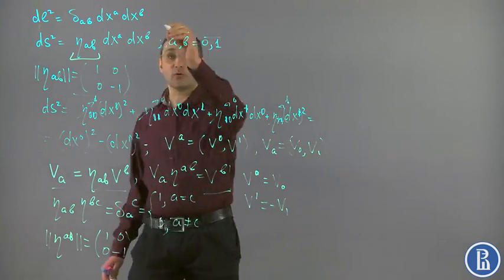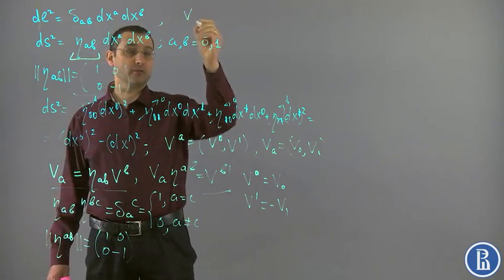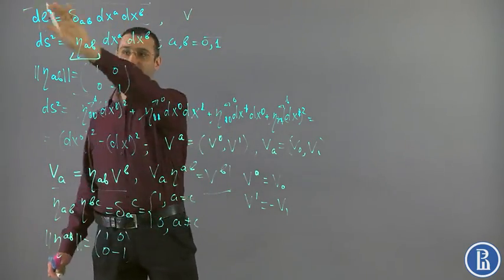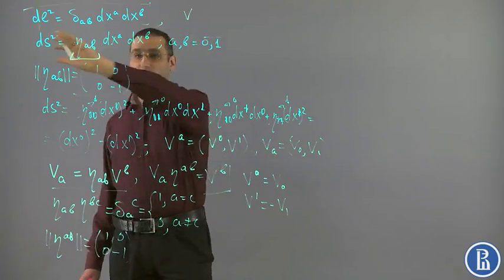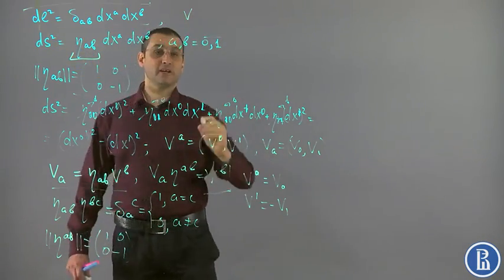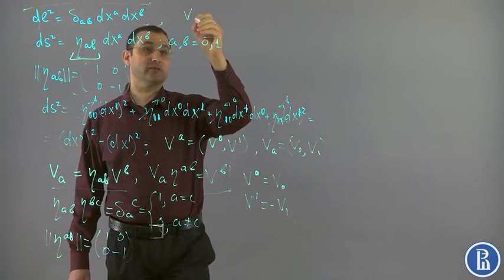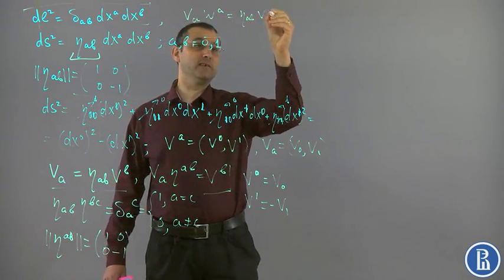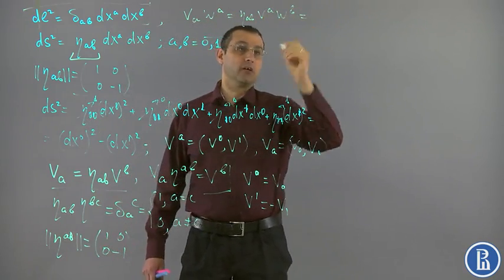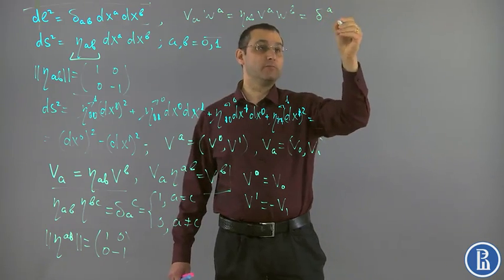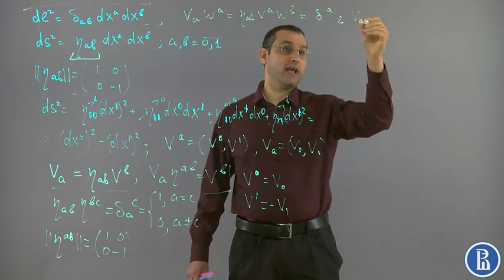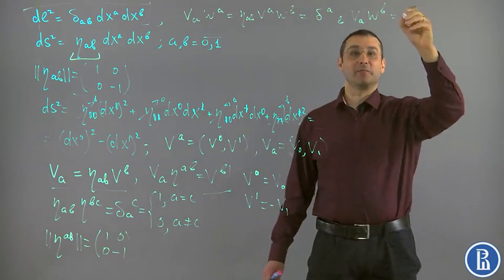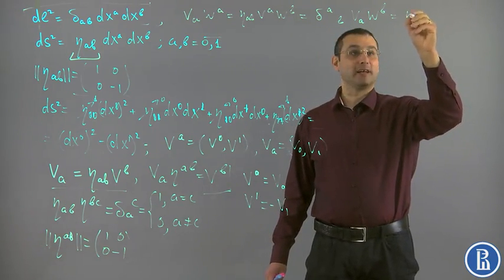As a result, for the scalar product in space-time, this is a remnant of the previous discussion, so it doesn't have anything to do with what I'm saying here. Everything I'm saying here corresponds to this metric. So if we have a scalar product of two vectors, for example V_A V^A, which is the same as η_AB V^A V^B, actually the same as δ_AB V^A V^B. There are many ways of writing the same expression.